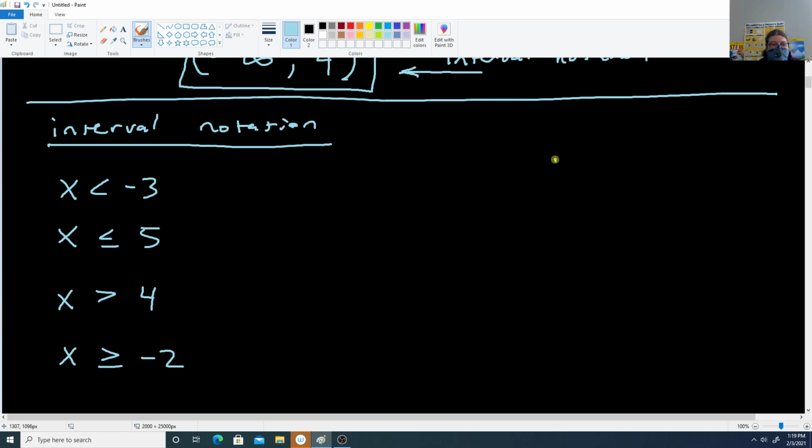And let's say x is between 1 and 4. Say x is between or equal to 2 and 5. And say we got x greater than negative 10 but less than or equal to 12.